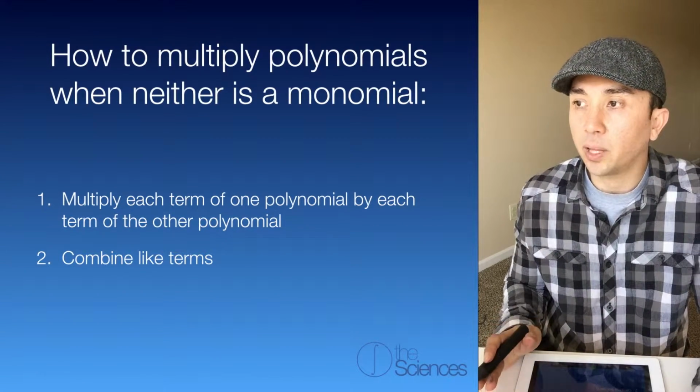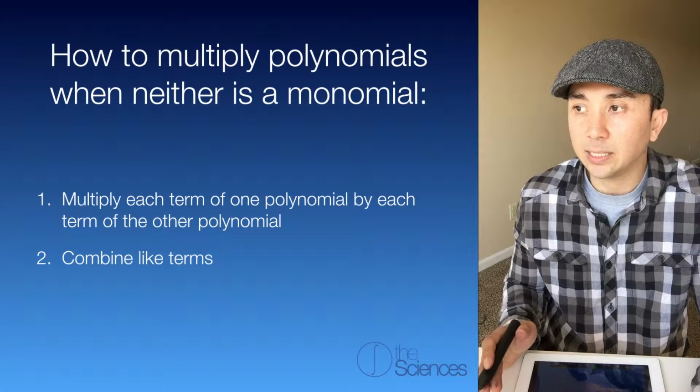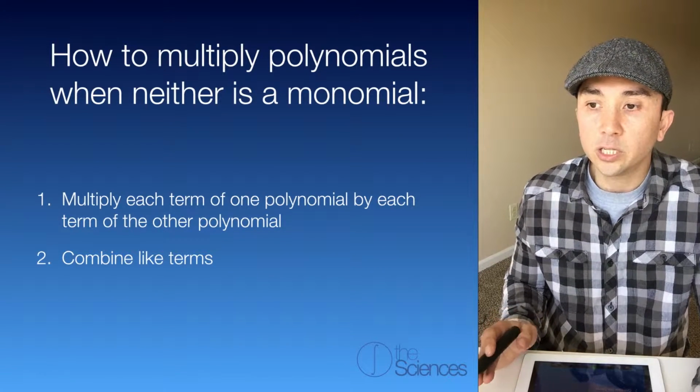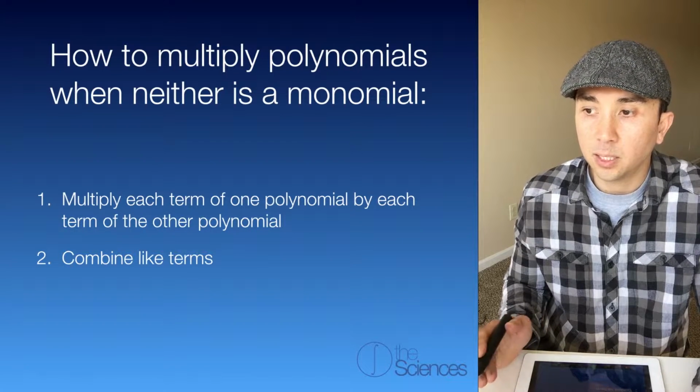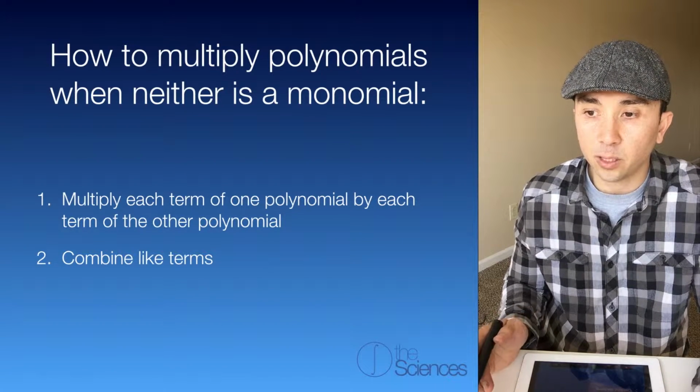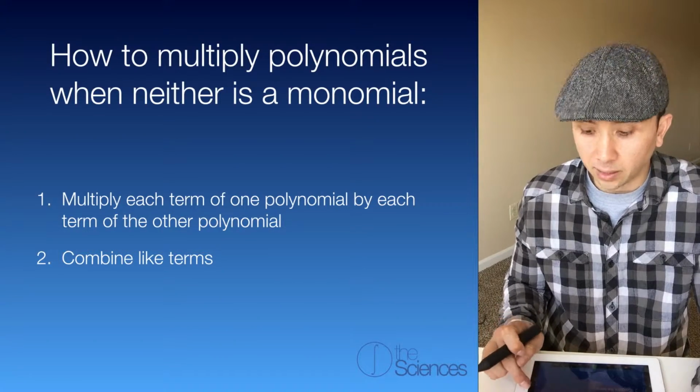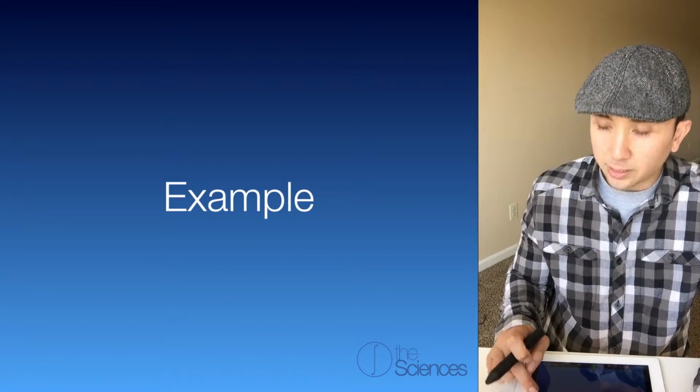So here's how to multiply polynomials when neither is a monomial. What you're going to do is multiply each term of one polynomial by each term of the other polynomial, and then you're going to combine the like terms. So let's do an example.